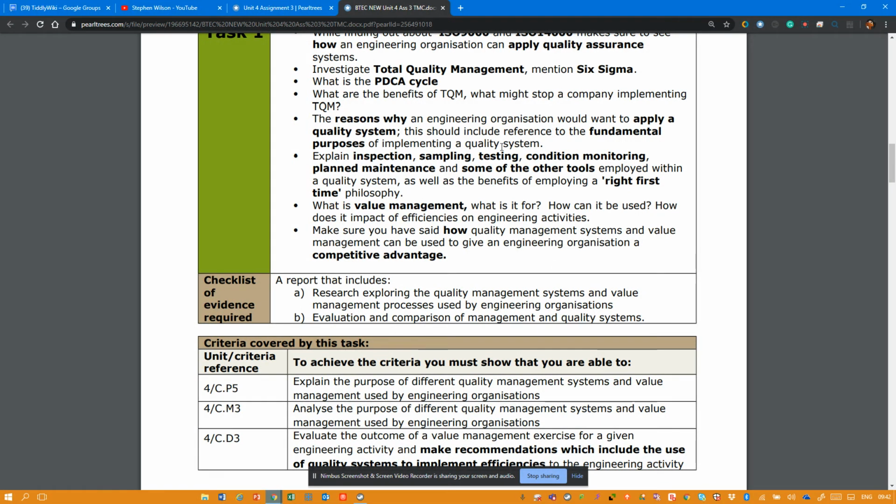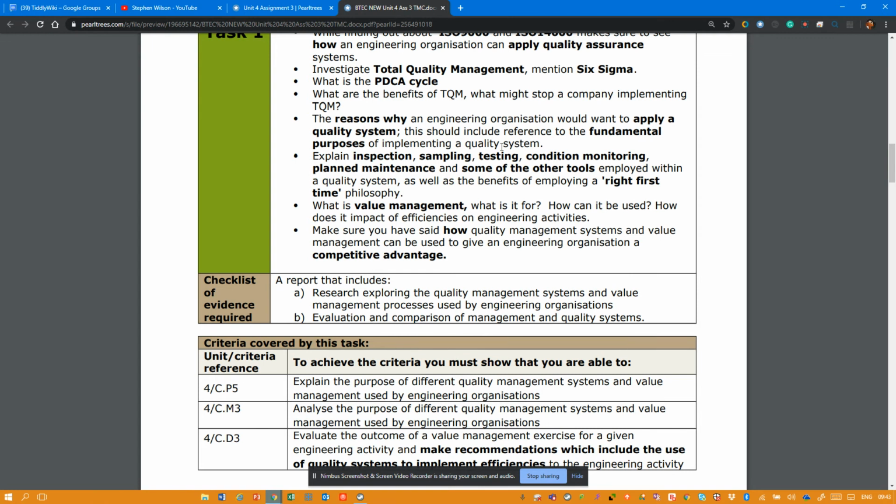If we're producing 20,000 things a day, do we inspect every one of them? No, we implement sampling. We check a certain percentage of things. Same with testing.